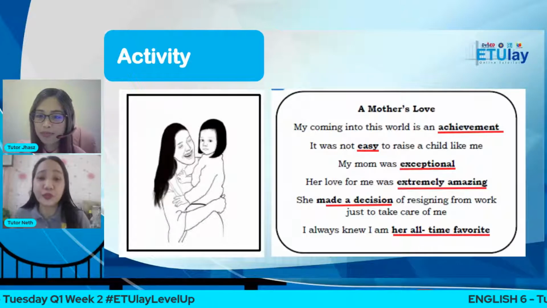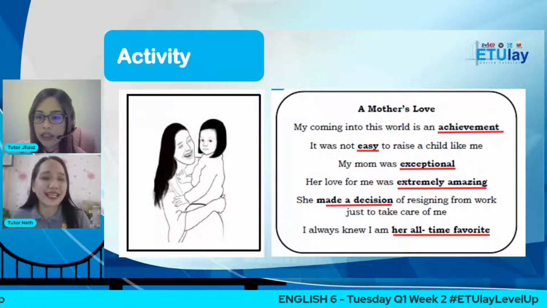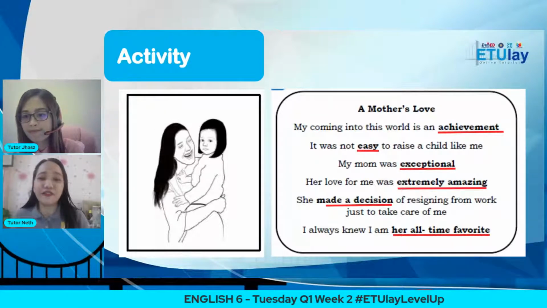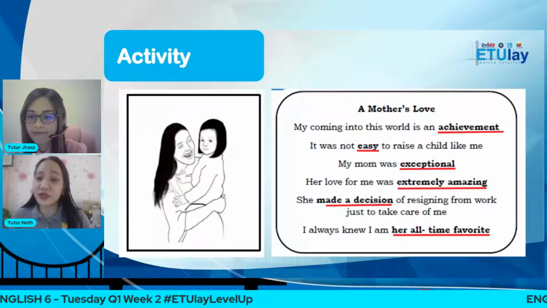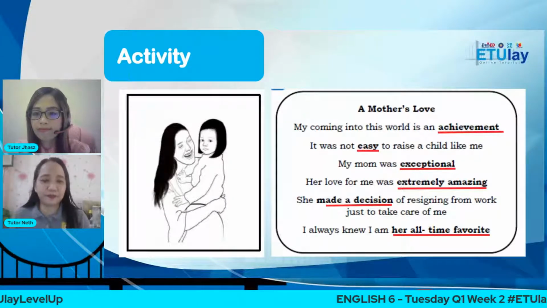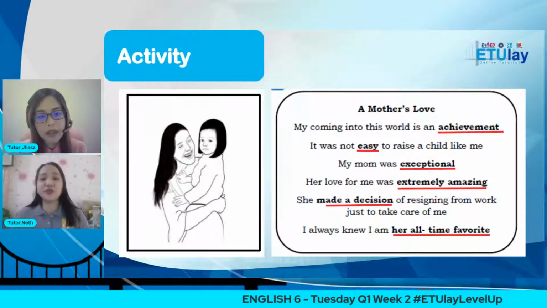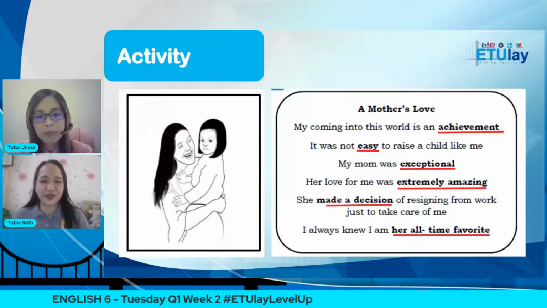So it was not easy to raise a child like me. My mom was exceptional. Her love for me was extremely amazing. She made a decision of resigning from work just to take care of me. I always knew I am her all-time favorite.